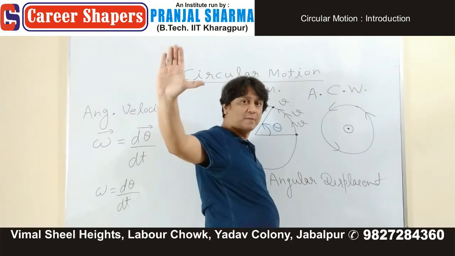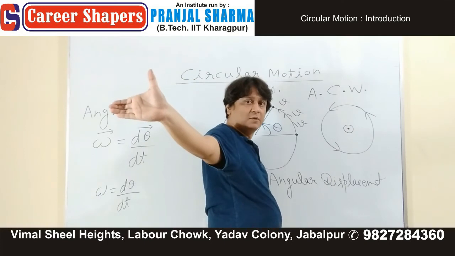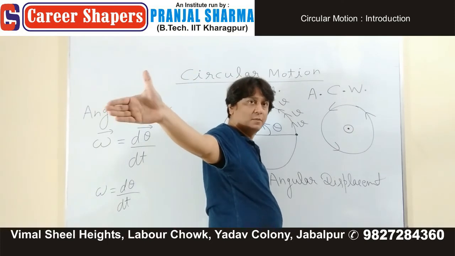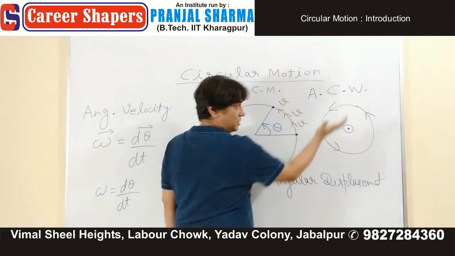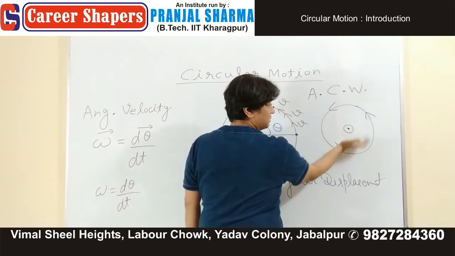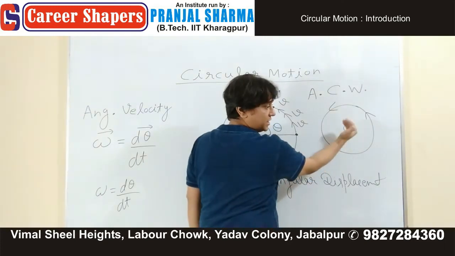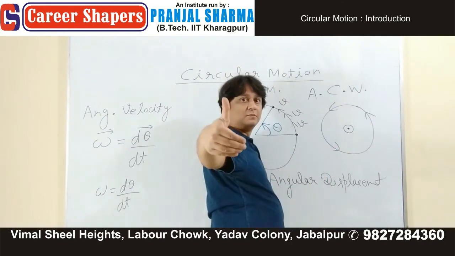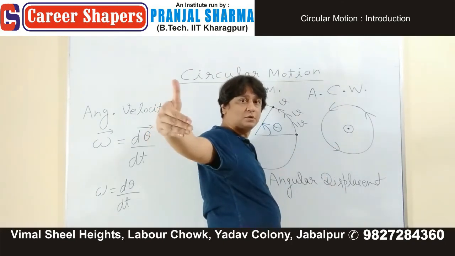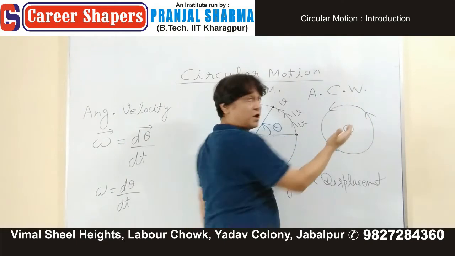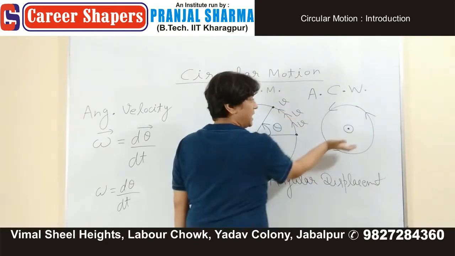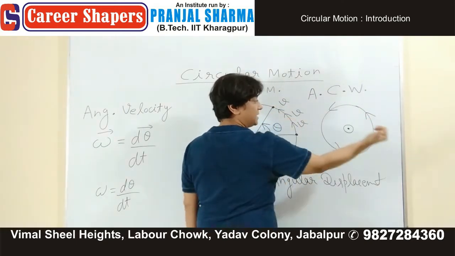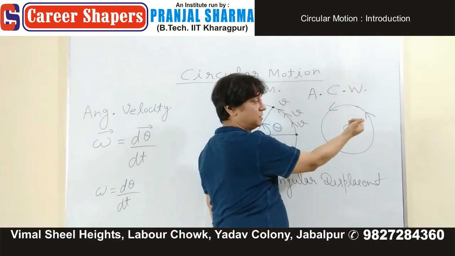That's how I'm holding my hand. I'm keeping my thumb perpendicular to the palm. So when you say anti-clockwise, the thumb is coming out. Thumb is coming out. And therefore, we say that angular velocity is acting along the axis.